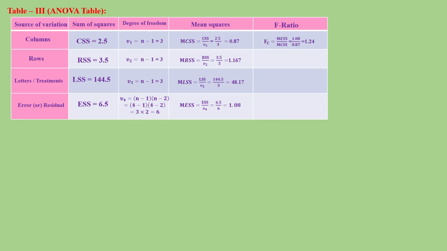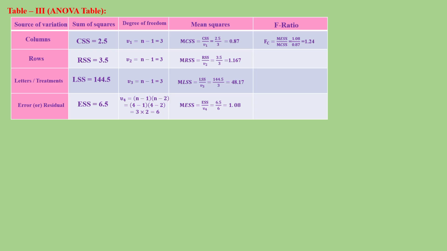So just check MCSS and MESS. MCSS is 0.87 and MESS is 1.08. So you have to write the greater number in the numerator whenever you are writing the F ratio. So 1.08 by 0.87. So the formula is MESS by MCSS, that is equal to 1.24.